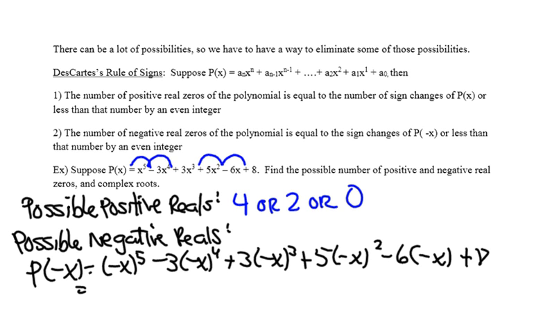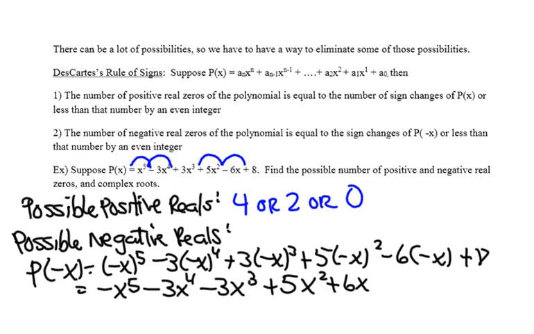So a negative taken to the 5th power is negative. This is still going to be negative, and that's going to be negative, positive, positive, and this constant will remain positive.